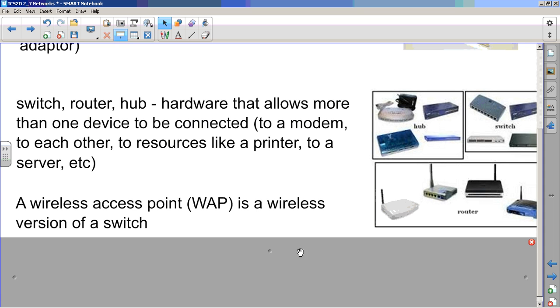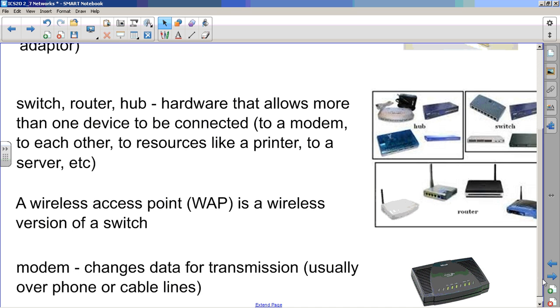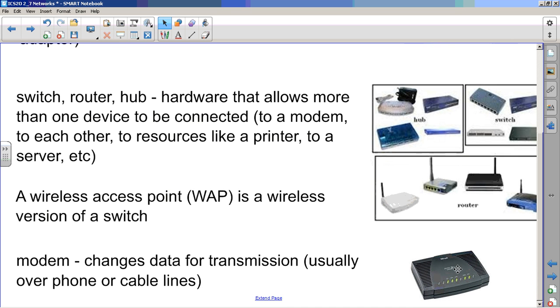And I think that's what the next term is. A modem. What is a modem? A modem looks kind of like that at home, and it changes data for transmission. So the idea is the network card changes your information into computer stuff, and the modem changes the computer stuff to get ready to go over either a telephone line or a cable line, depending on what your internet service provider is.